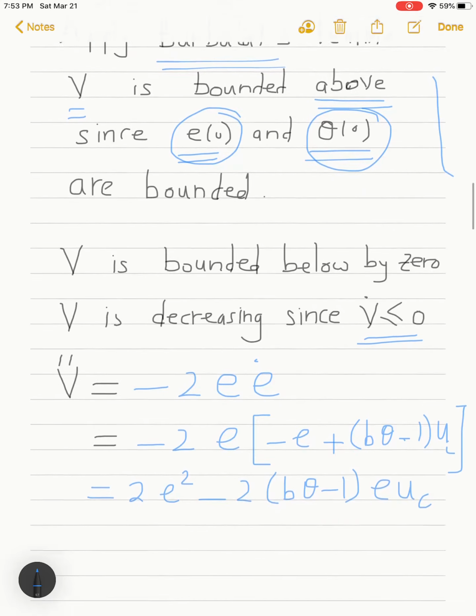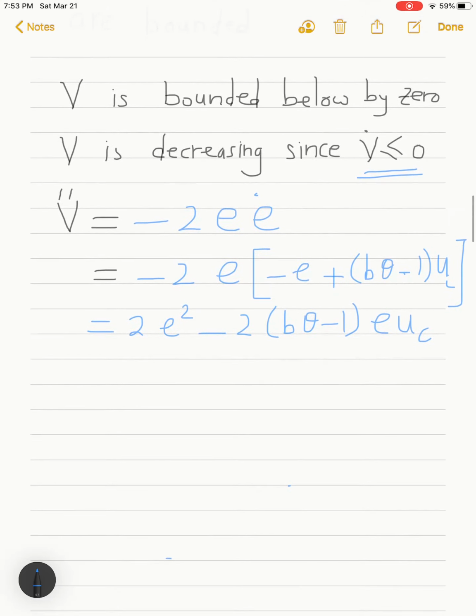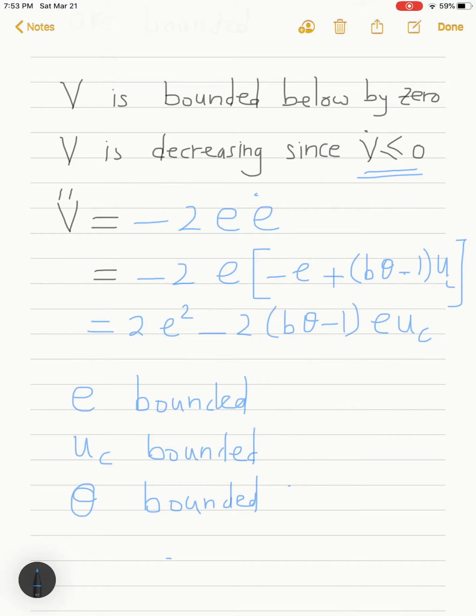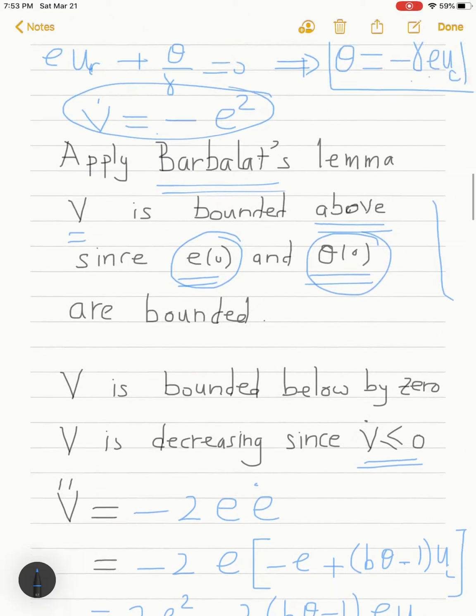Now, as we agreed before, e is bounded. uc is bounded also, because this is the set point, and I'm choosing the set point to be bounded. Theta is bounded because v actually is a sum of squared factors.